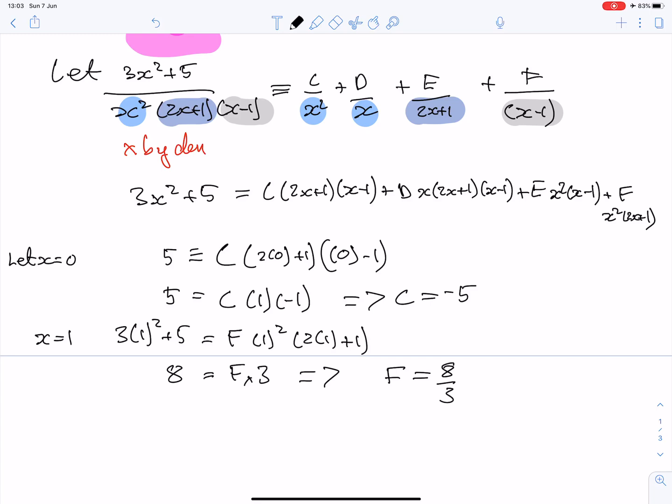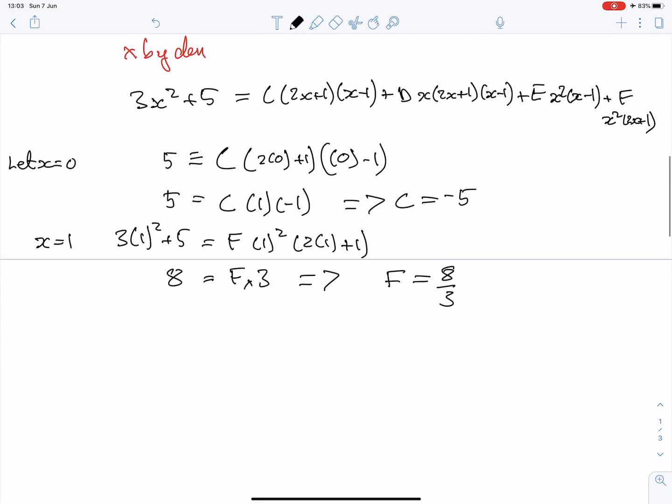Okay, next we could look at some other terms. So, how about our cubic terms? Now the coefficient of the cubic. Well, here we've got 0.